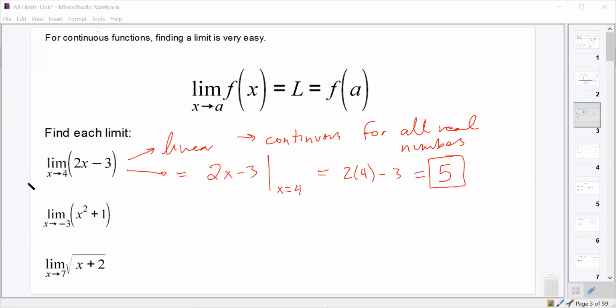We've got the limit as x approaches -3 of x squared plus 1. What do you know about the function x squared plus 1? It's quadratic. It's a polynomial function. It's a parabola, or a parabolic function. What do you know about all polynomial functions?